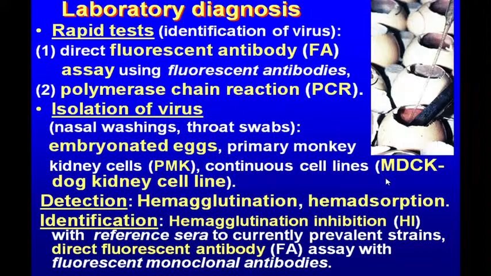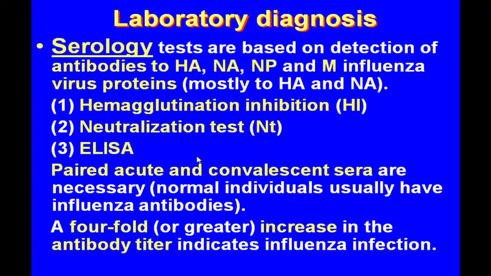The presence of the virus can be detected by hemagglutination and hemadsorption, and identification of the virus is performed with hemagglutination inhibition assay with the specific known antibodies, or hemadsorption inhibition assay. Serological tests based on the detection of antibodies also can be performed.